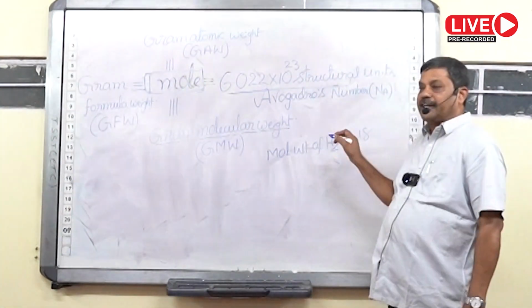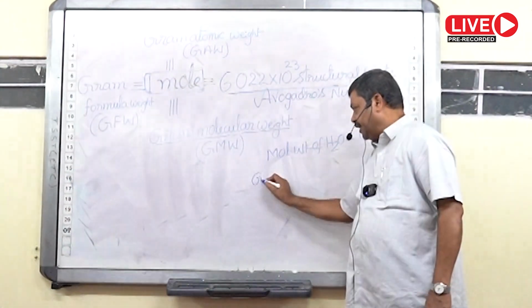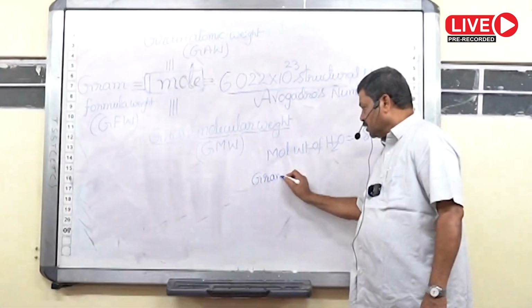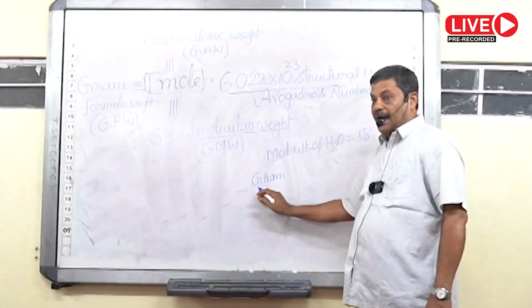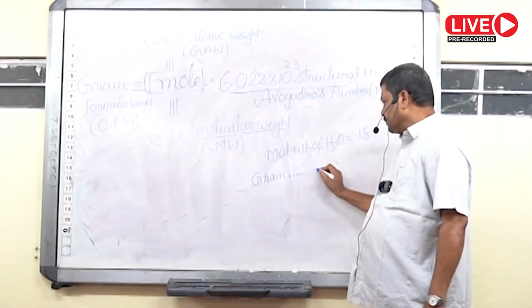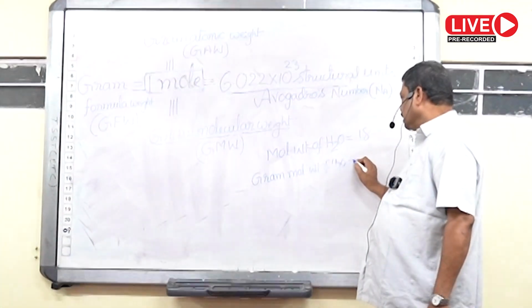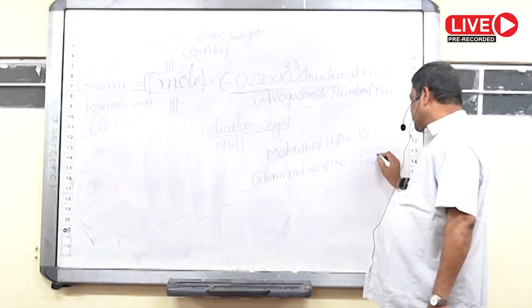It has no units. If I add a prefix called gram, gram molecular weight of water is equal to 18 grams.